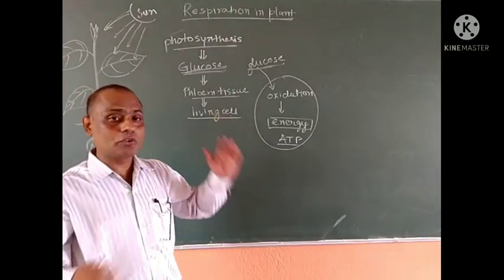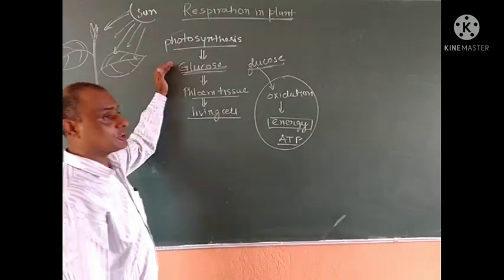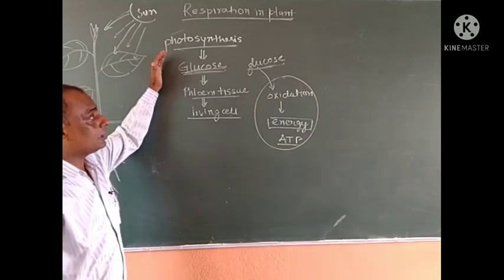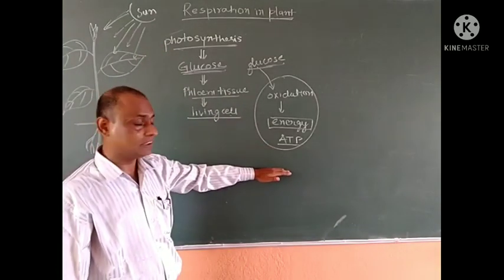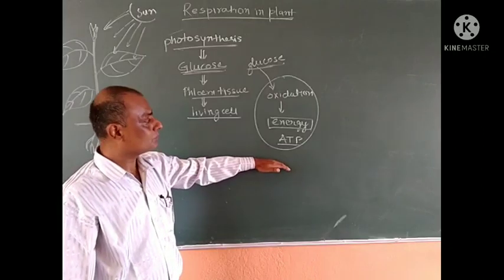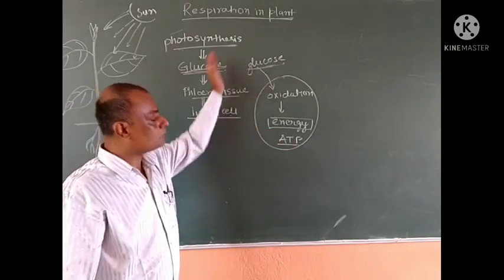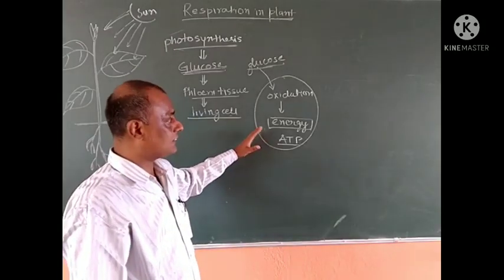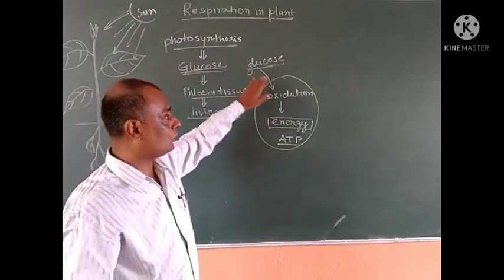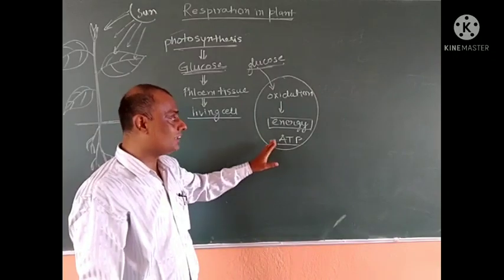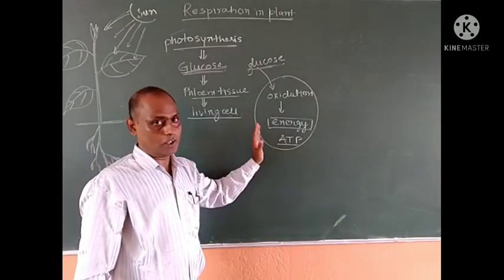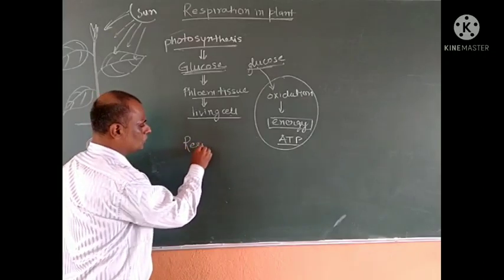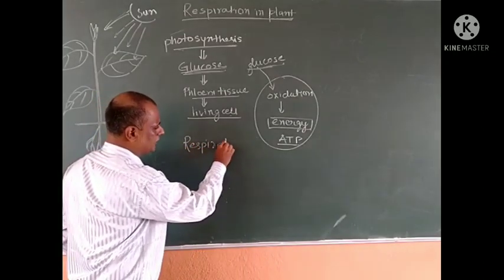So here you come to know that the glucose which is produced by the plant in photosynthesis is utilized by the living cell to produce energy. So this process of production of energy inside the cell by the oxidation of glucose is called respiration.